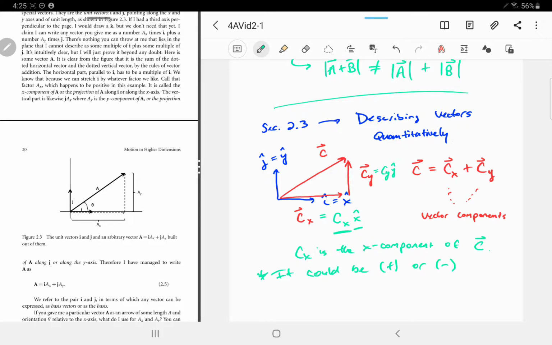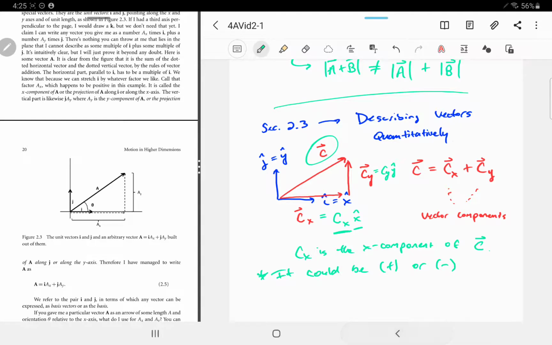So if my overall vector C could be going up and right, up and left, down and right, it could point in any direction. If it overall has a rightward component, then Cx is positive. If it overall has a leftward component, then Cx is negative. If C is just pointing up or down, or if it's 0, then the Cx component is 0.